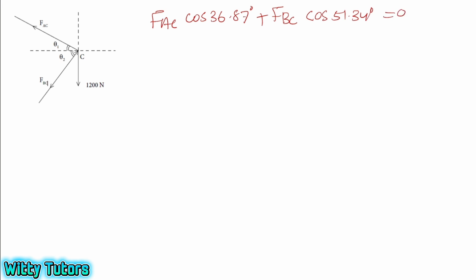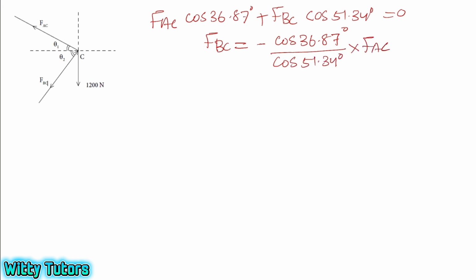From this we can find the value of either FAC or FBC. I am going to find the value of FBC from this equation. So FBC is equal to minus cos 36.87 degree divided by cos 51.34 degree into FAC. From this I will get the value of FBC as minus 1.29 FAC.